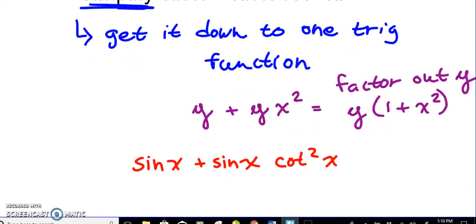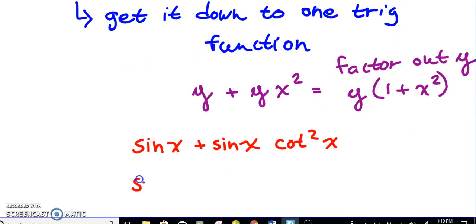So here, let's go ahead and factor out the sine so it pulls into an identity. Oh, not cosine, cotangent, sorry. All right, so here we pulled out sine.